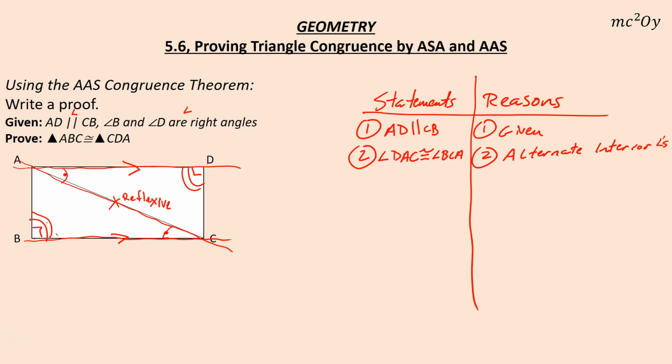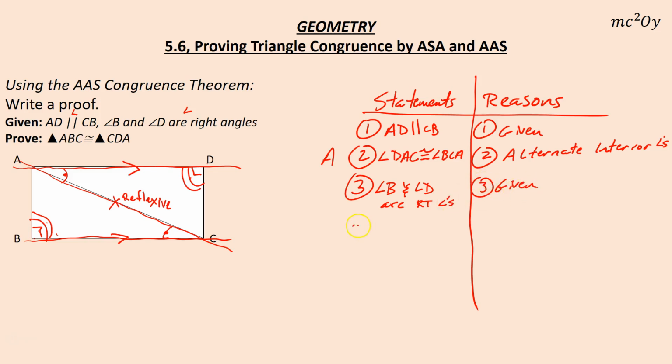And by the way, that's one of my angles. Then number 3, I know that angle B and angle D are right angles. And that is also given.